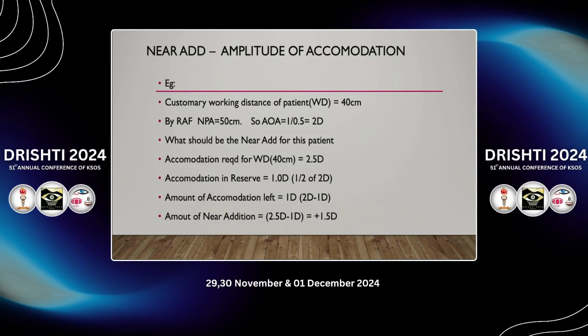So, the accommodation required for 40 centimeter working distance is plus 2.5. Of this 2 diopters what the patient has, half has to be kept as a reserve. So, 1 diopter has to be kept as a reserve and what is left is only 1 diopter. So, 2.5 is required and the patient can use only 1 diopter comfortably. So, plus 1.5 has to be given as a near add for this patient.